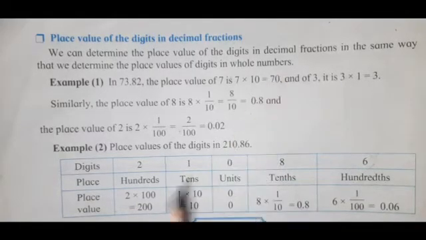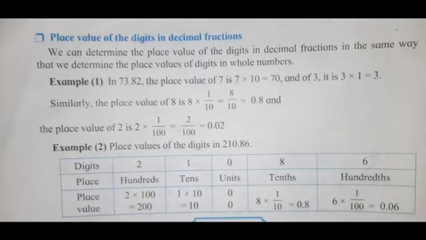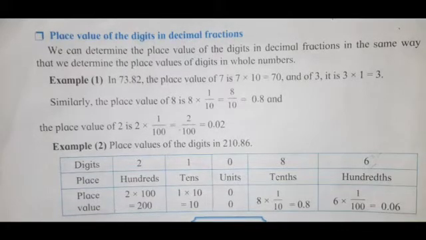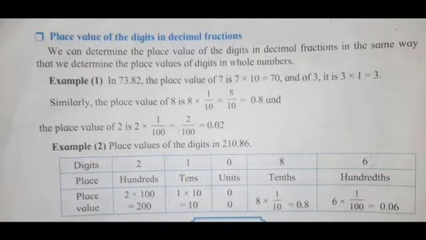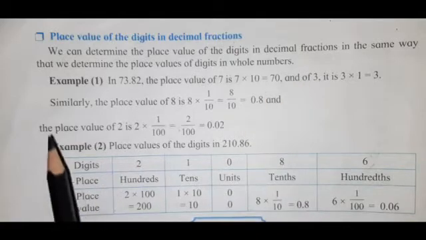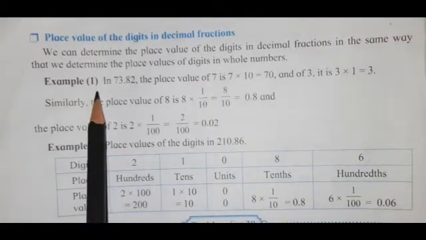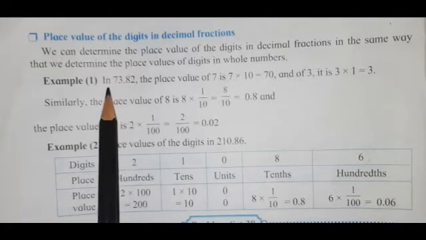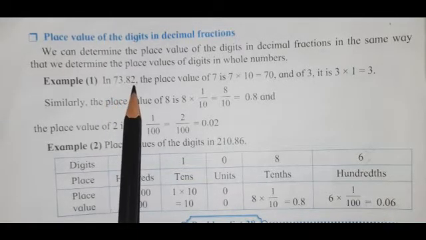Students, we have already learned that in whole numbers we determine the place value of numbers in the units place, tens place, hundreds place and so on. Now the place value of digits in decimal fractions. Now see example 1. Here the number in decimal form is 73.82.